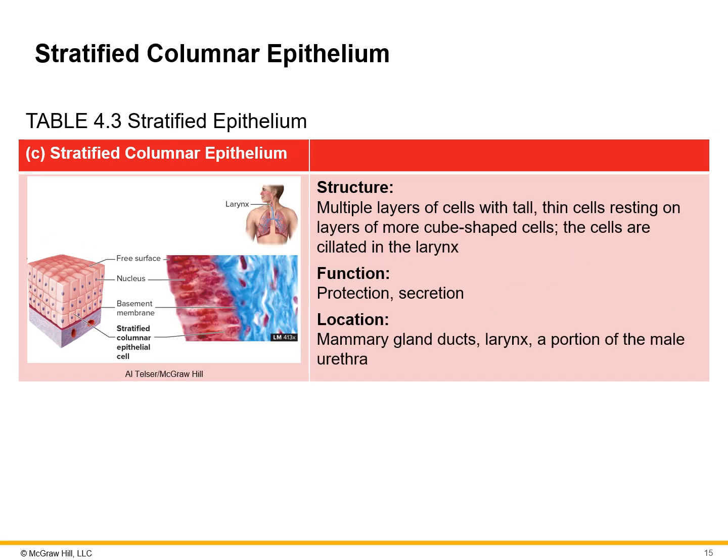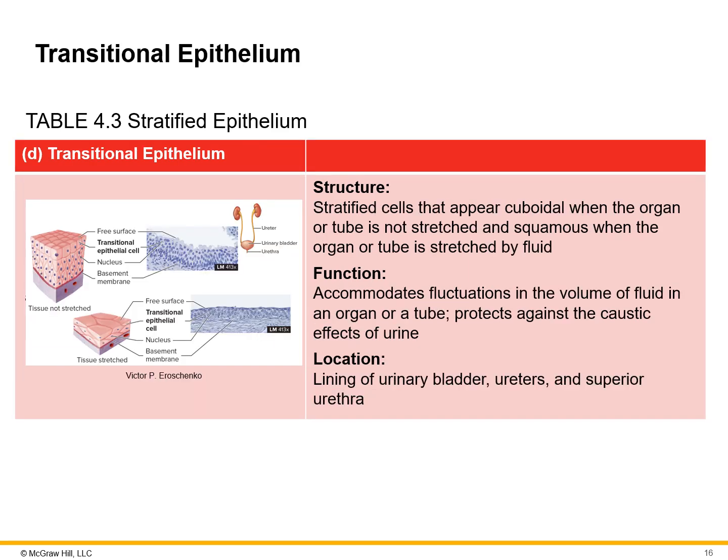And then our stratified columnar, protection and secretion, so mammary glands are used for this as well as part of the male urethra. And then the transitional epithelial, again, this accommodates fluctuations in volume. So again, this is where it's changing shape as it's being stretched. So the lining of the urinary bladder and part of our kidneys and the urethra.